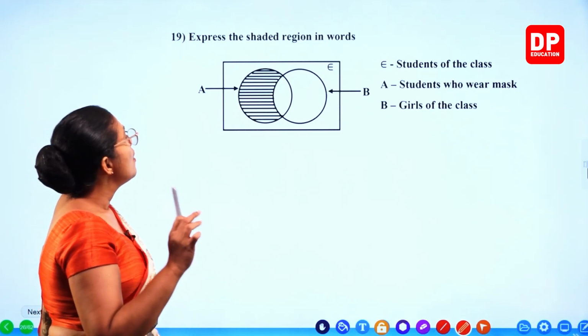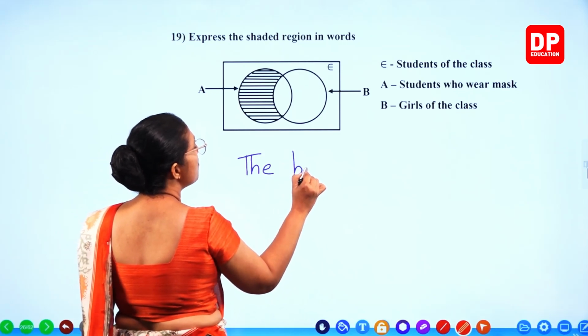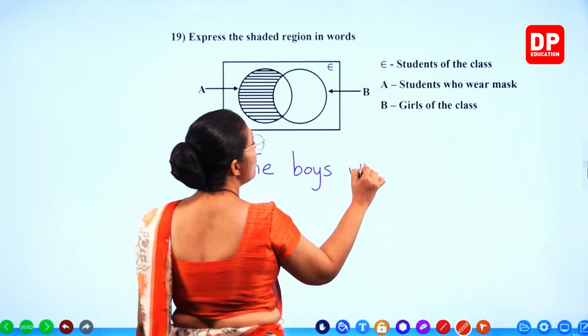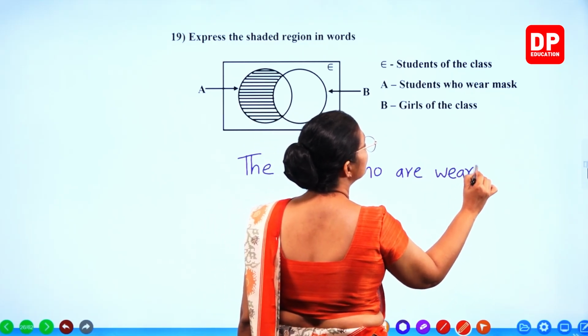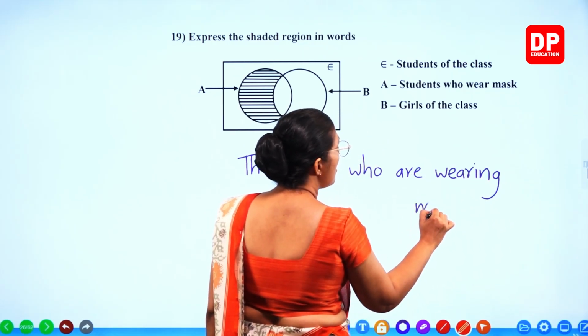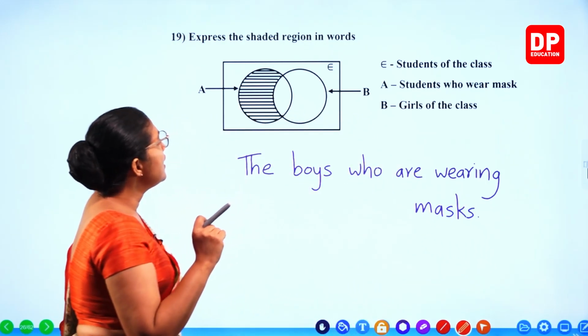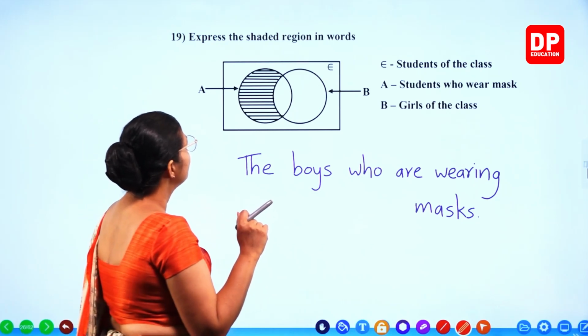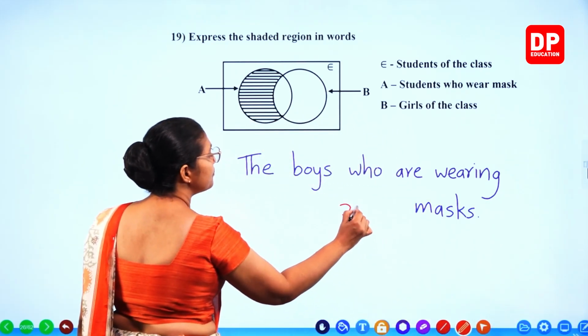That means the boys who are wearing masks is the shaded part. So 2 marks for that.